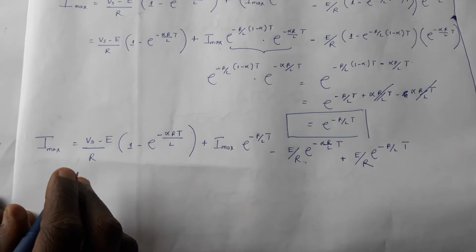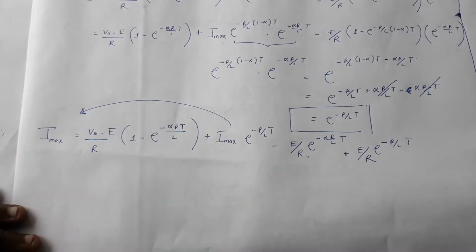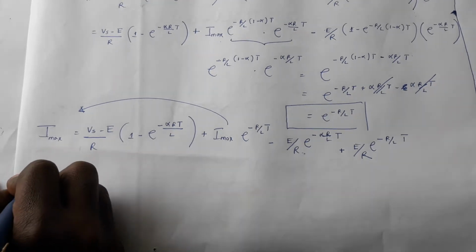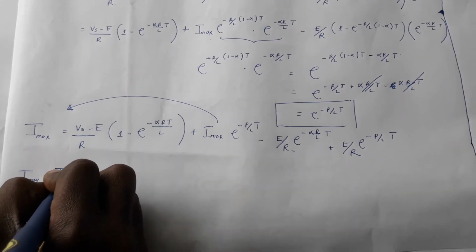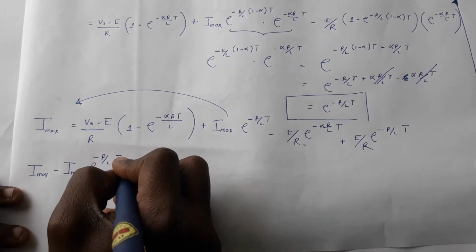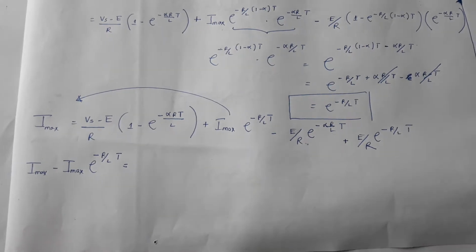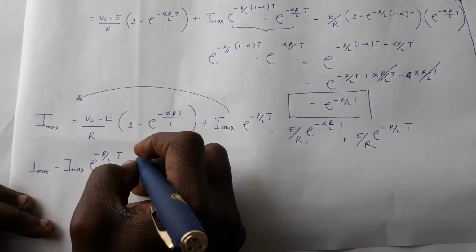Okay, so similarly, we can take this here. So we're going to have Imax minus Imax exponential minus R over LT is equal to, we can open the brackets here.